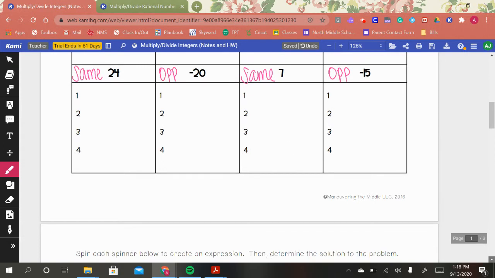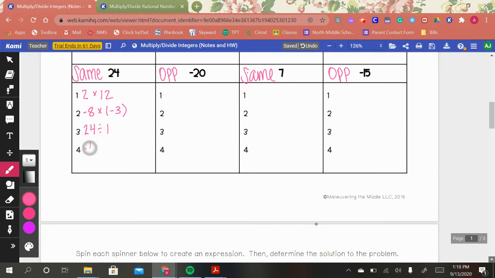Okay, let's look down here at 24. I can have +2 times +12. I can have -8 times -3, which also gives me positive 24. And we could have 24 divided by 1.